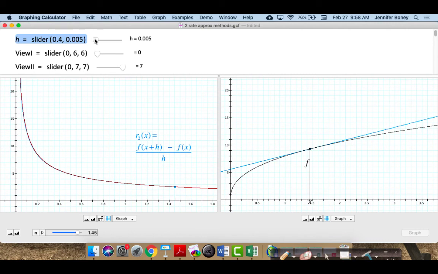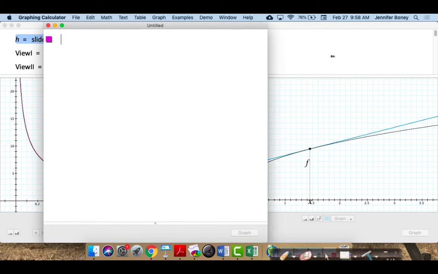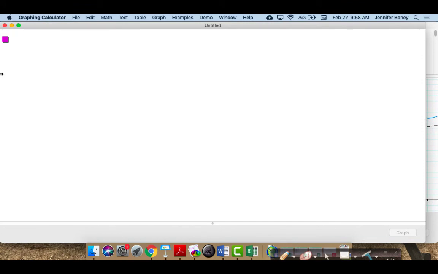But the algebra of this is actually a lot easier than the algebra of those approximate accumulation functions we were dealing with before. For instance, let me just open up a blank GC window, not to calculate on it, but just to write on it, because it's white.